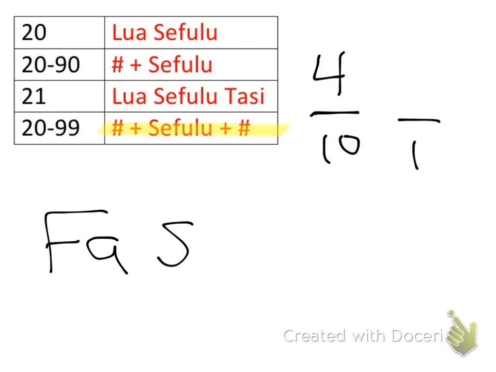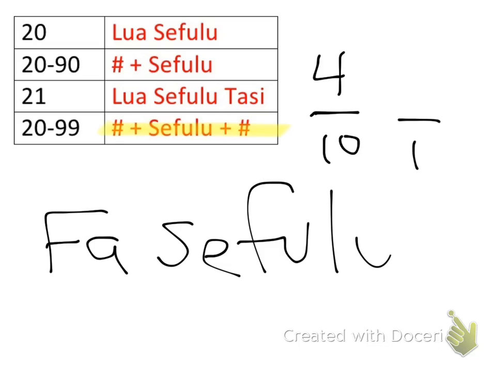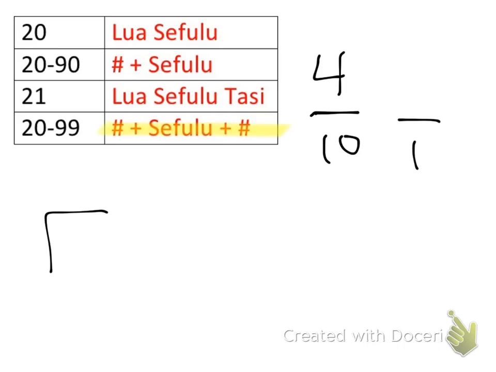I have a fa sefulu, but let's say I have a 2 right here in the singles unit. Well, this is no longer a 0, so I can't just leave it at fa sefulu like I did in this example. I have a 2 in the singles place, so I just add a 2 right there, and that ends it off with fa sefulu lua. Okay, so hopefully this is starting to make sense to you.